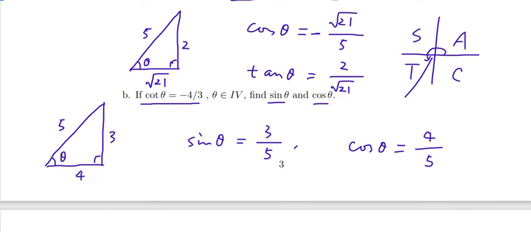Then we need to determine positive or negative. So again, we use All Students Take Calculus. It says theta is in the first quadrant, no wait, here we know cosine is positive, and then sine is negative. So don't forget this negative. If you forget the negative, then you will pick the wrong answers.